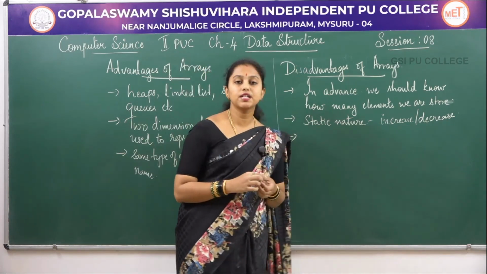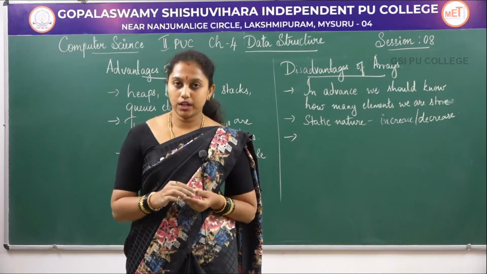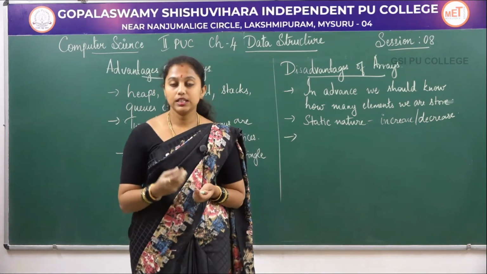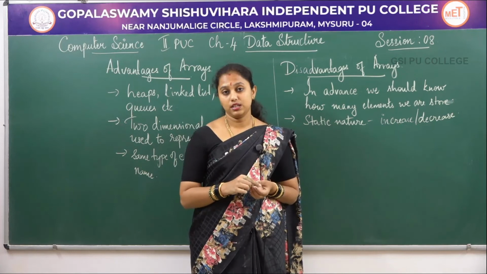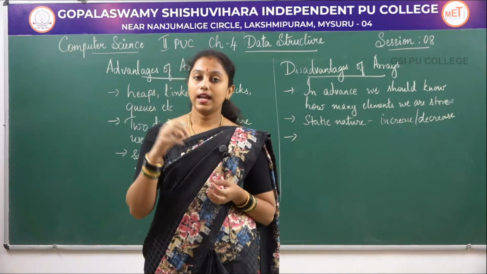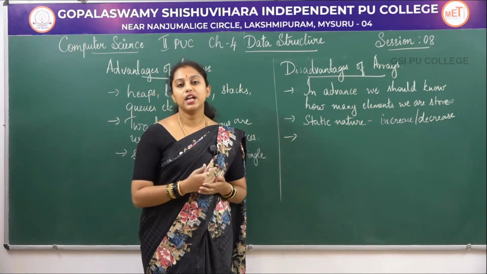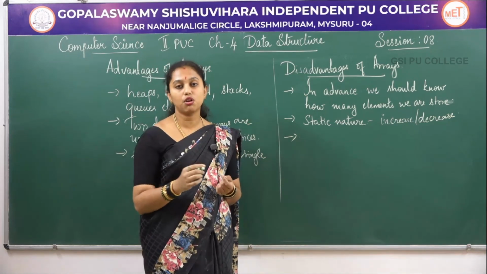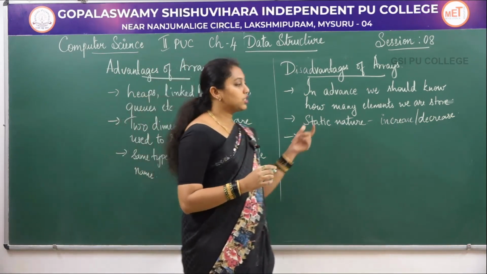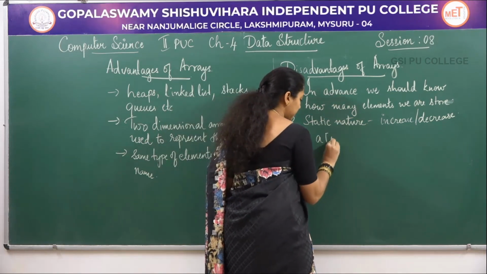Since an array is of fixed size, if we have already allocated more memory locations than the requirement, then they will be wasted. And if I want to store more elements than the memory locations, then it will create a problem. So that is one of the disadvantages of arrays. For example, the array size is 10.